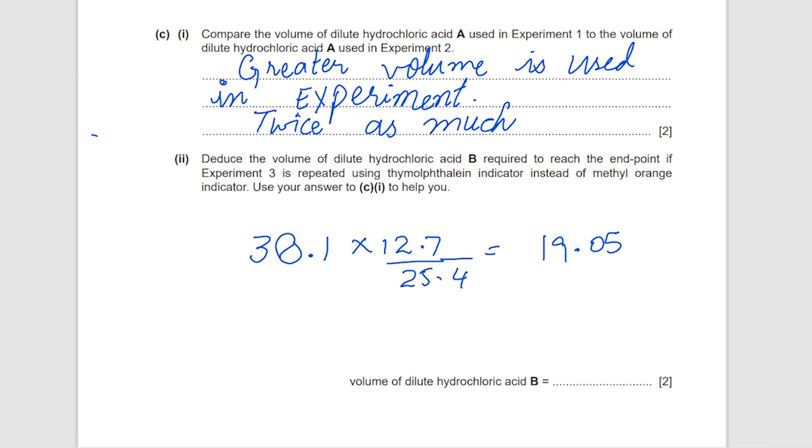Compare the volume of dilute hydrochloric acid A used in experiment 1 to the volume of dilute hydrochloric acid A used in experiment 2. Greater volume is used in experiment 1, twice as much. Wherever you are using a greater volume, you can predict how much it is. We have to do the comparison of the volume of dilute hydrochloric acid A used in experiment 1 and experiment 2.